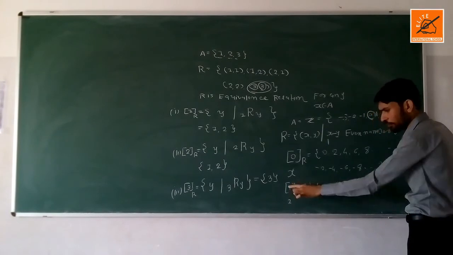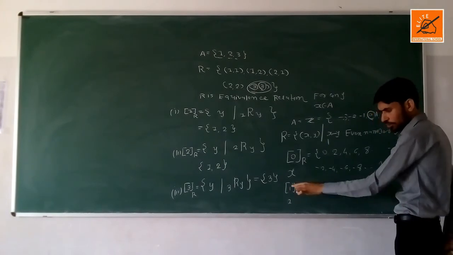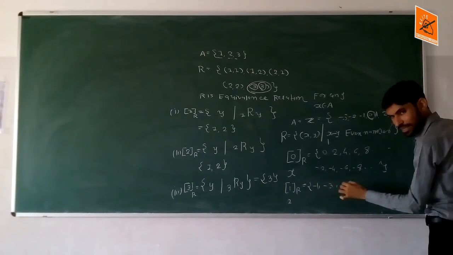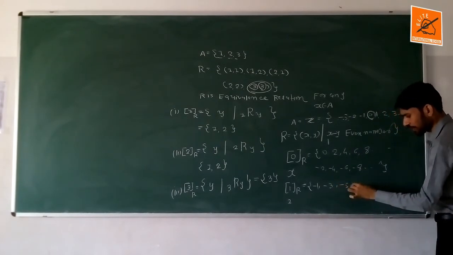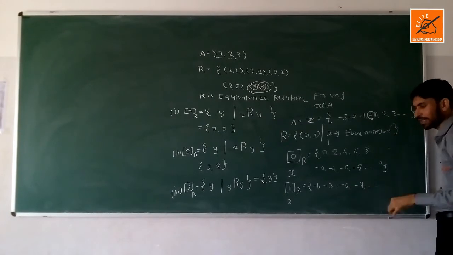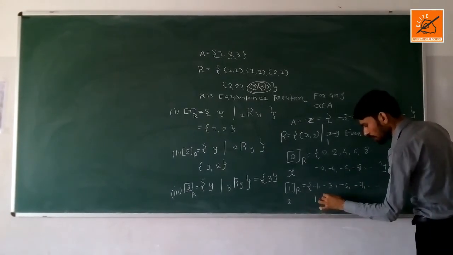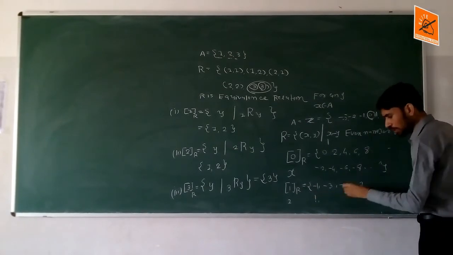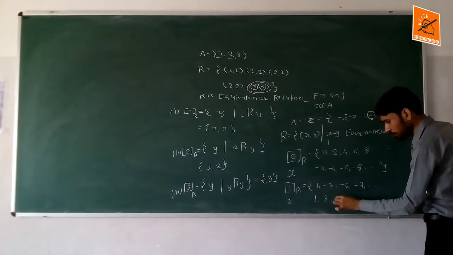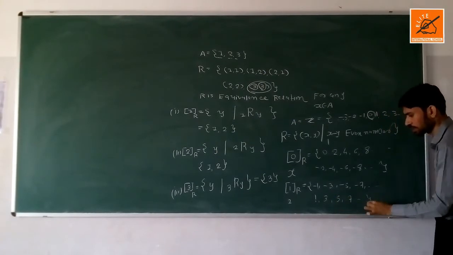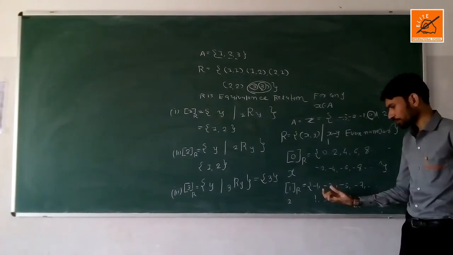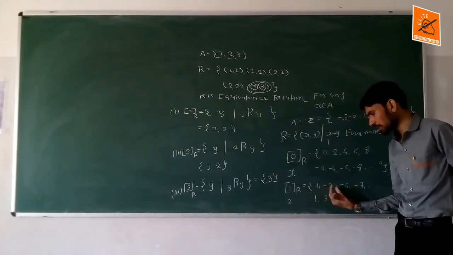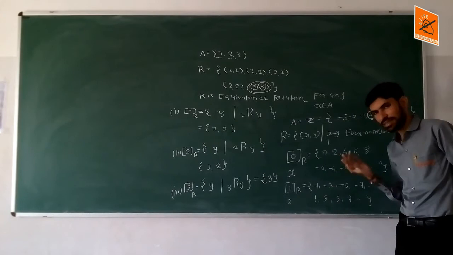Similarly for -3: 1 minus (-3) is 4, and 4 is an even number. So -1, -3, -5, -7, etc. Similarly on the positive side, 1 minus 1 is 0, and 0 is an even number, and also 3, 5, 7, etc. Observe that all these elements are related to 1, because 1 minus any of these elements gives an even number.